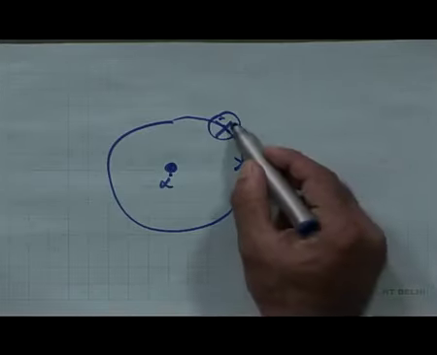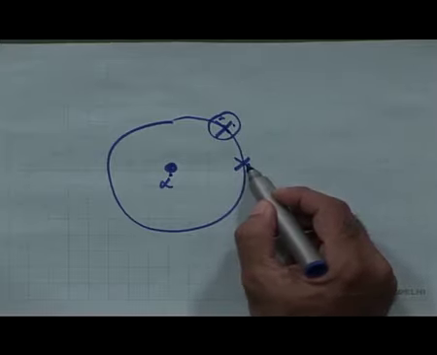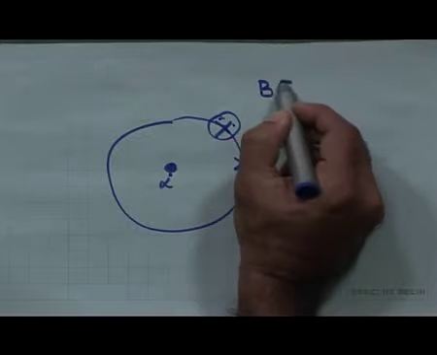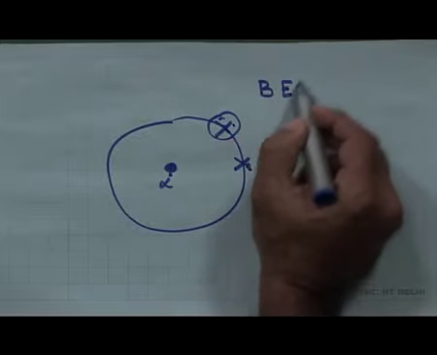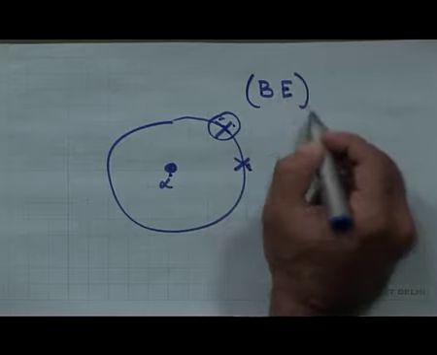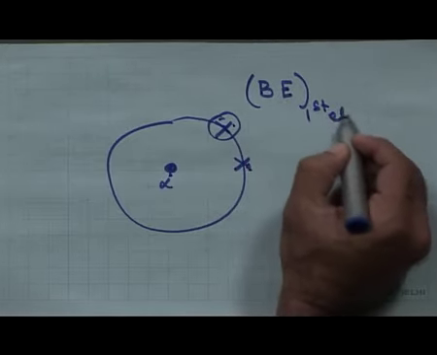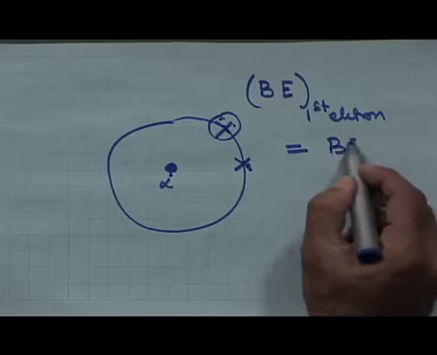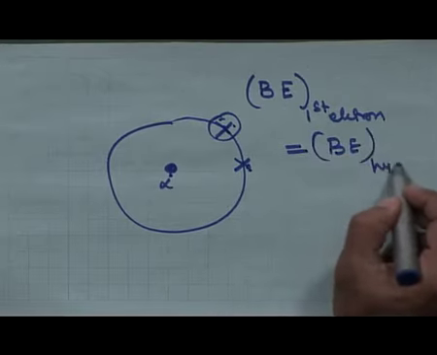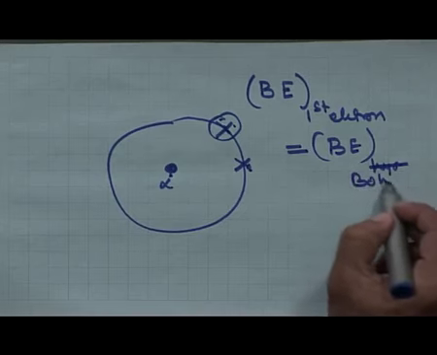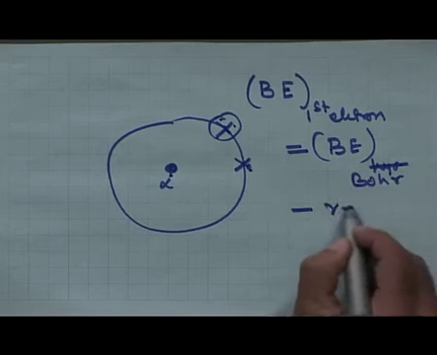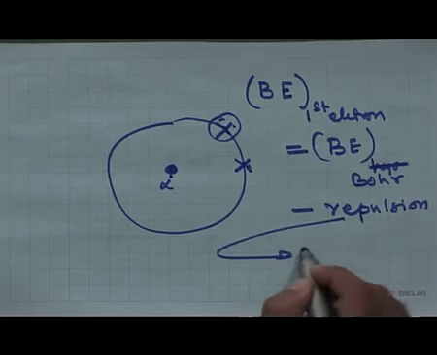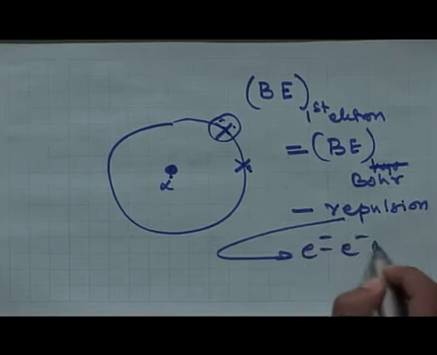But then this electron is also going to interact with this electron, and therefore there is a repulsive energy. Therefore, my binding energy for the first electron will be whatever the binding energy coming from the Bohr model minus repulsion. And where is this repulsion coming from? Electron repulsion.